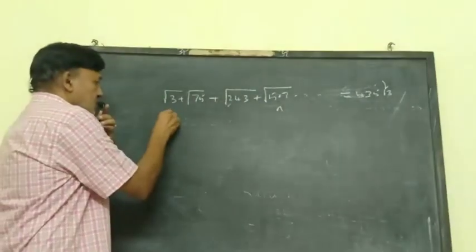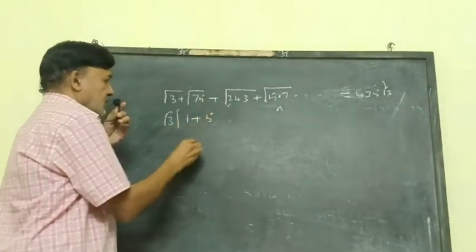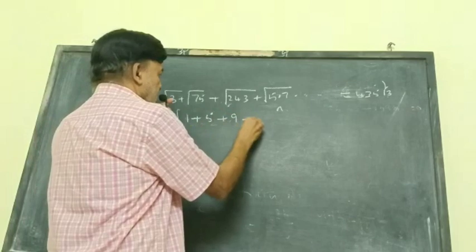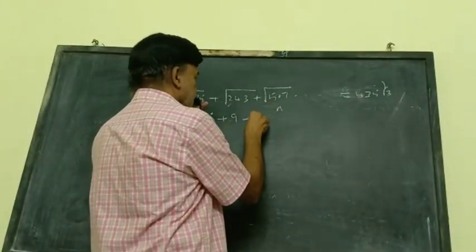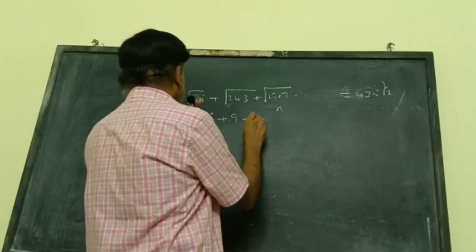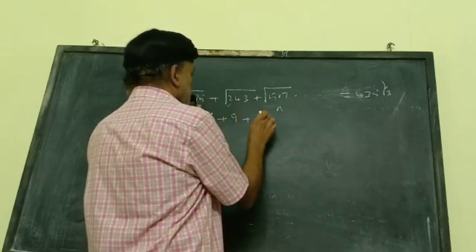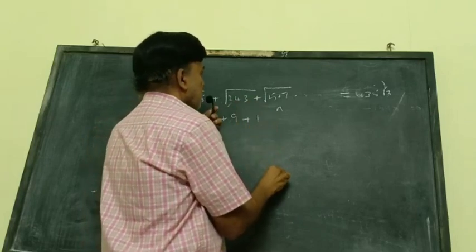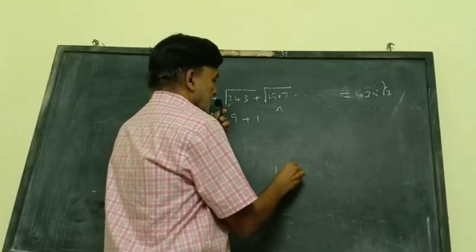See, I can take out root 3 outside. 1 plus 5 plus 9 plus, if we divide with 3, so 3 ones, 3; 3 fives, 15 and so on.